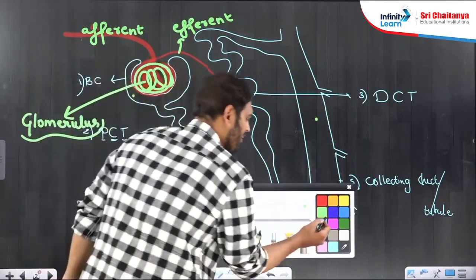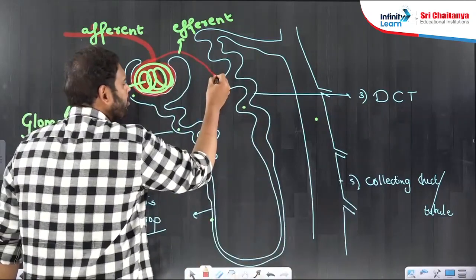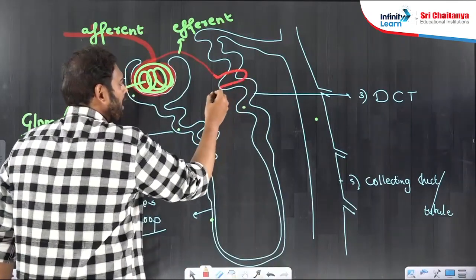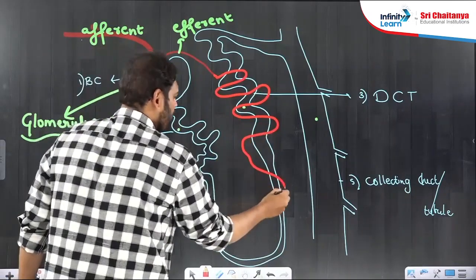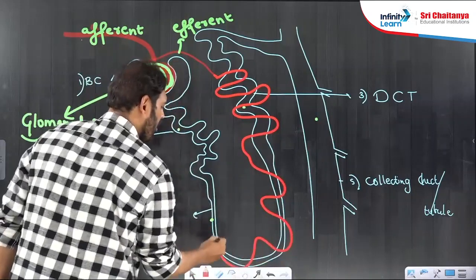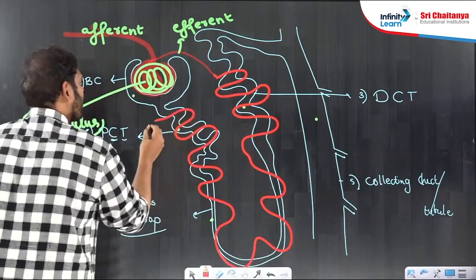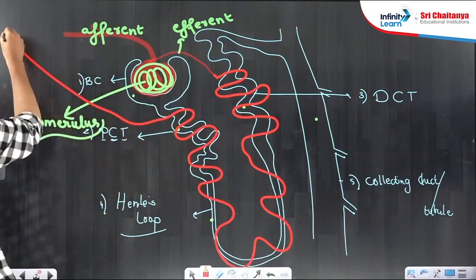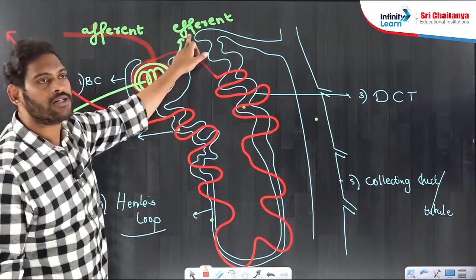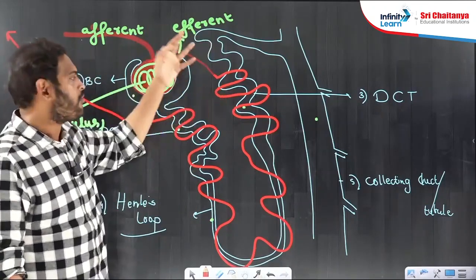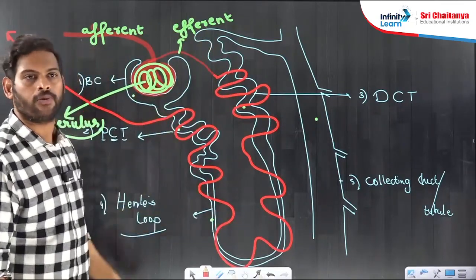And once the efferent arteriole comes out like this, it will form capillaries around DCT, capillaries around loop of Henle, and they also surround PCT and then go out. Telling again, the efferent arteriole will span around DCT, loop of Henle and PCT also.